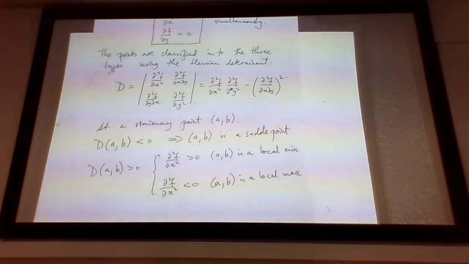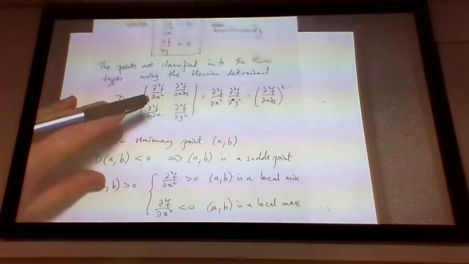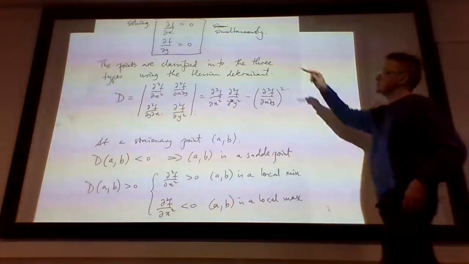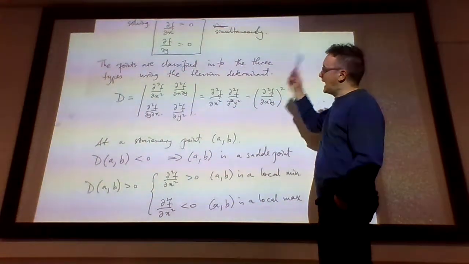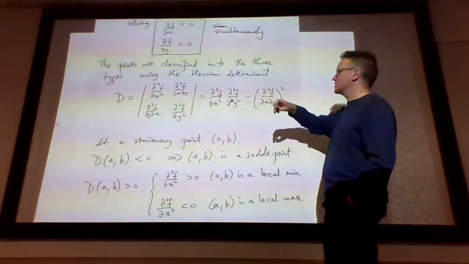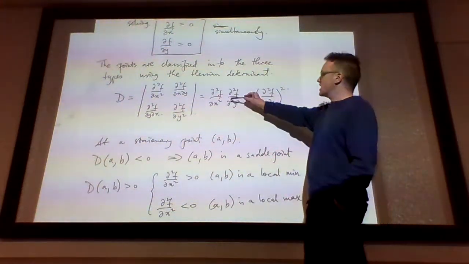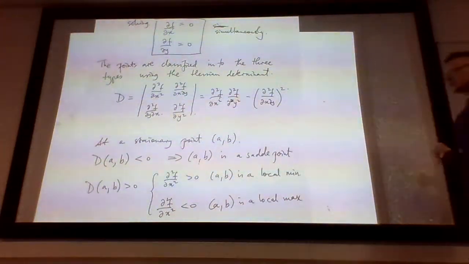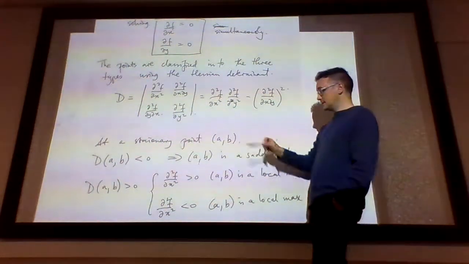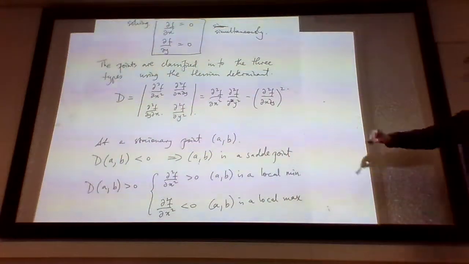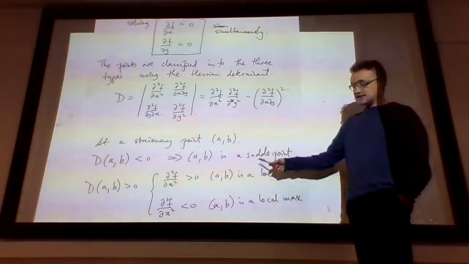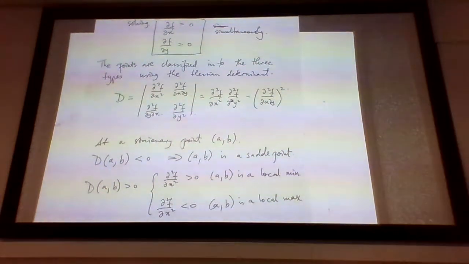It's a similar situation in 2 variables, except you've got a pair of simultaneous equations to solve, 2 first order partial derivatives, and you've got this more complicated object, the Hessian determinant, which is a combination of the second order partial derivatives. Evaluating that at the stationary point, and depending on its value and the value of the second order x derivative, tells you what type of stationary point it is.